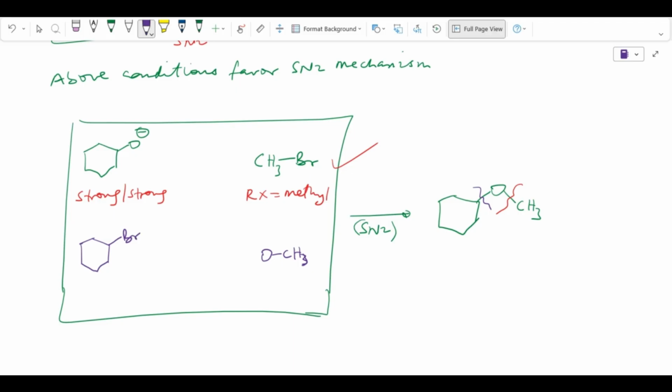And then we can make the methoxy group into a strong nucleophile by adding a negative charge to the oxygen. So the type of alkyl halide we have here is a secondary alkyl halide. And for the nucleophile, we have a strong nucleophile, which is also a strong base. Now, when you have strong reagents and a secondary alkyl halide, the mechanism that prevails is going to be E2.